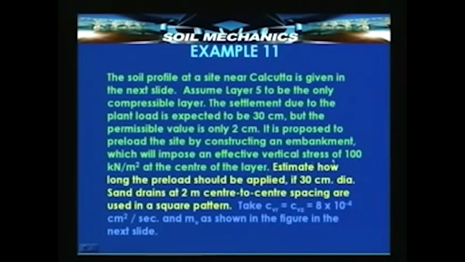Now, what this means is the size of the preload and the embankment is decided, and the stress that it will induce is also pre-decided. It is 100 kilonewton per meter square. Now, the question arises, how long should this preload be kept so that it will take care of all the settlement except the 2 centimeters which is permissible.